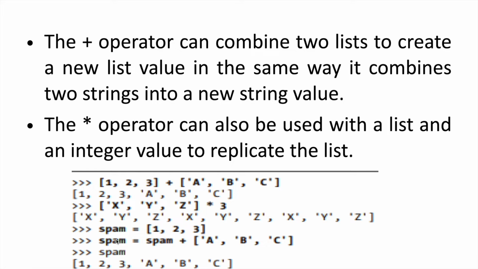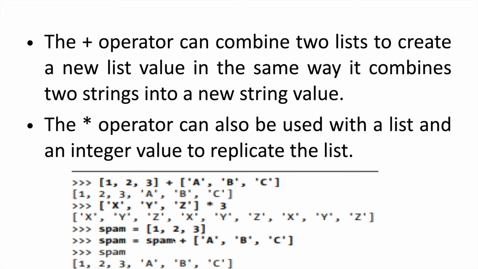Okay. Here is another example. This list contains 1, 2, 3, and it is assigned to the variable spam. Now I'm trying to concatenate the variable spam with the list A, B, C. See, yes, it is possible.